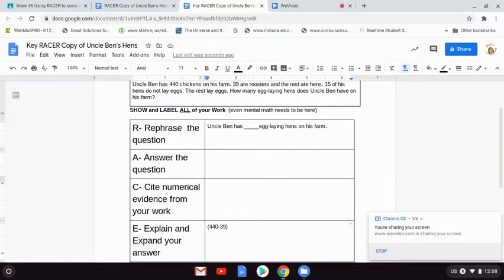And then whatever that answer is, we're going to subtract 15 from it, because 440 minus 39 will give us the number of hens. And then we're going to subtract another 15 to see how many of those hens are not laying. So we're going to do that real quick.